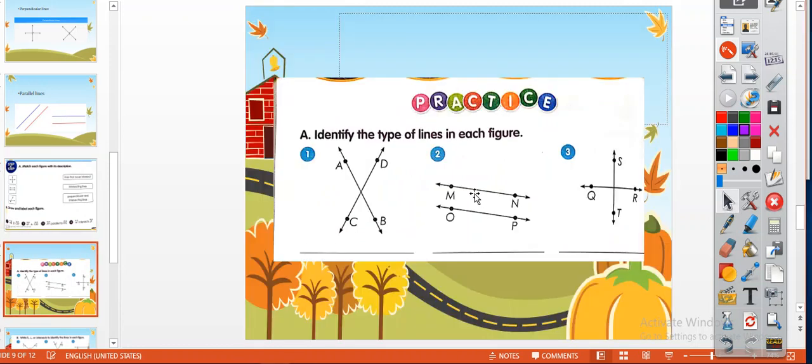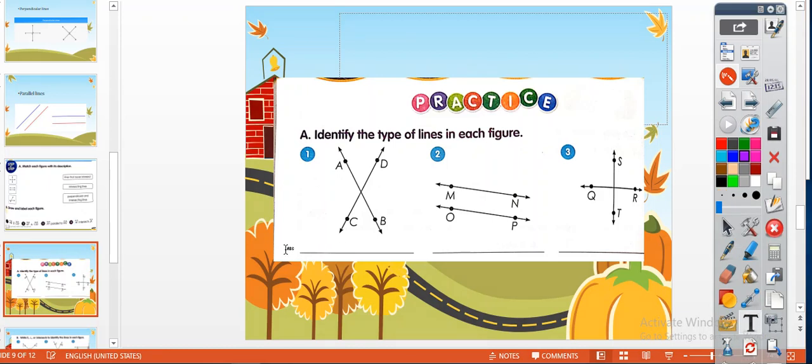In the second page, question 1, identify the type of lines in each figure. So what do we call these lines? Yes, we call them intersecting lines. Excellent. Well, what about those lines?